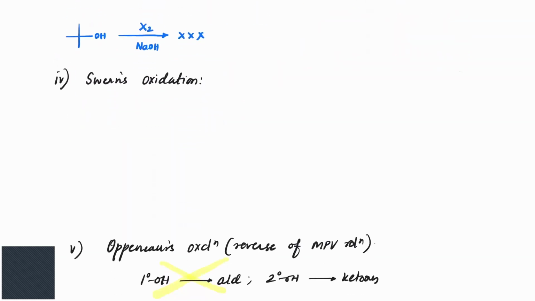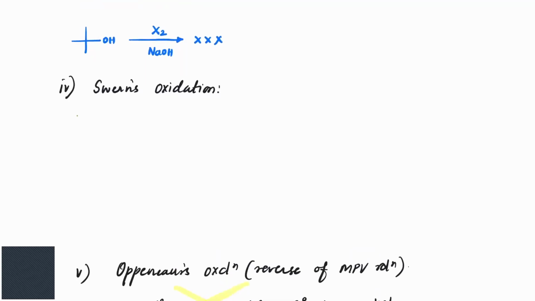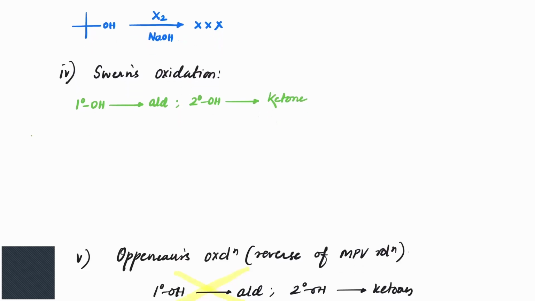Swern oxidation. I gave you an idea about what Swern oxidation is already. We just need to know what exactly it does. That is, 1 degree alcohol will convert into an aldehyde form. 2 degree alcohol will convert into a keto form. Got it?